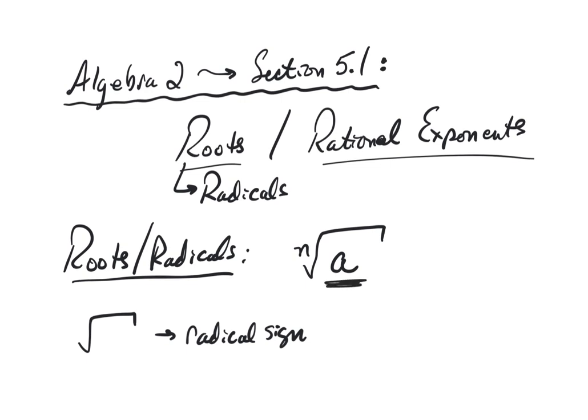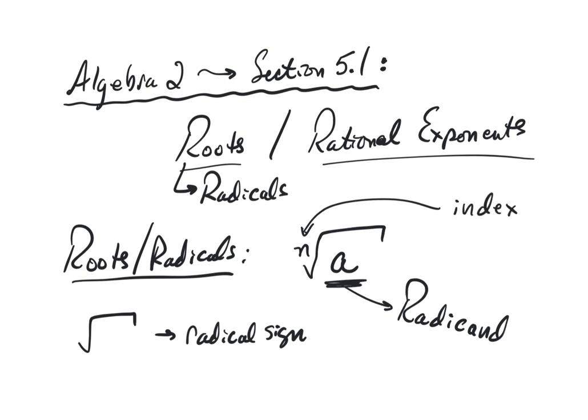We have the number that's inside, and that number is called the radicand. And then the last one is the type of root that we're talking about, whether it's a square root, cube root, fourth root, fifth root, whatever. And that little number in the corner is called an index.